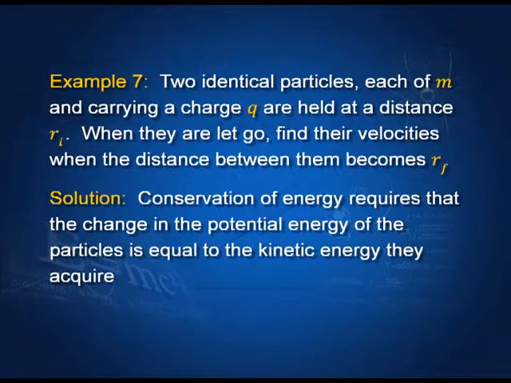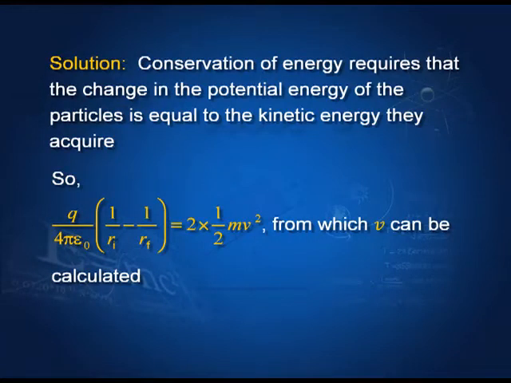So, conservation of energy requires that the change in potential energy of the particles is equal to the kinetic energy, because there is no other energy sharing process. So, the kinetic energy goes into potential energy and vice versa. So, we have q squared by 4 pi epsilon 0 times 1 by r_i minus 1 by r_f, that is the change in the potential energy, and this must appear as kinetic energy.